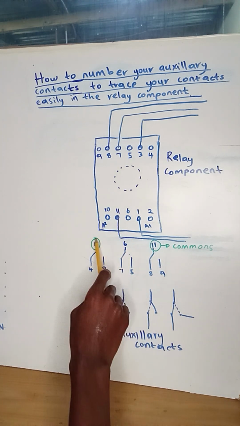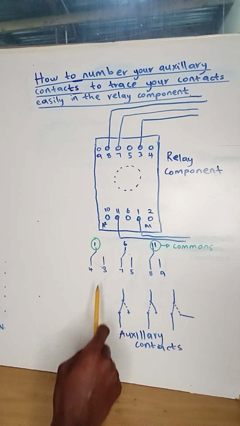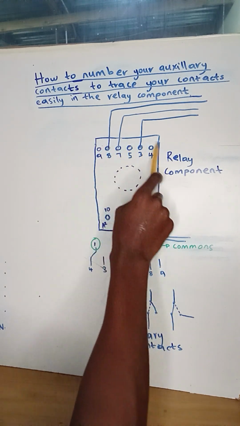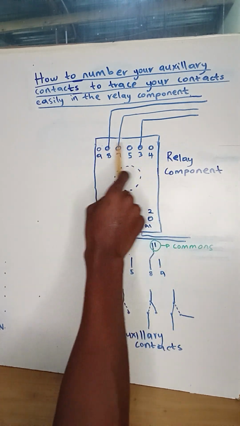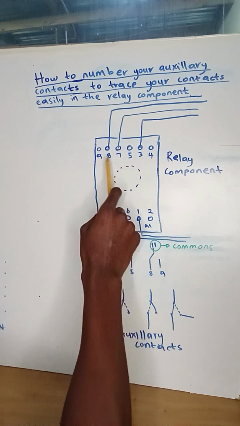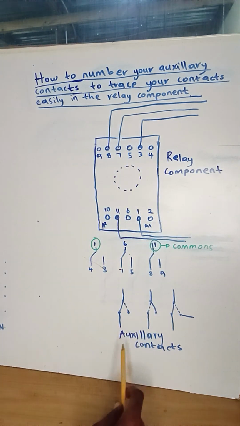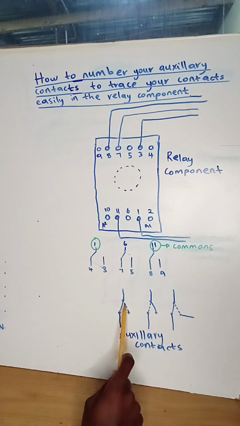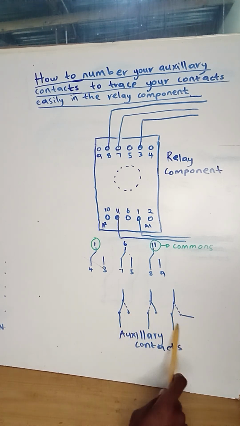So now you are done with your commons, and then you come to the top points, which is your auxiliary contacts.